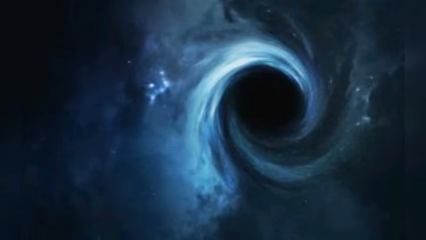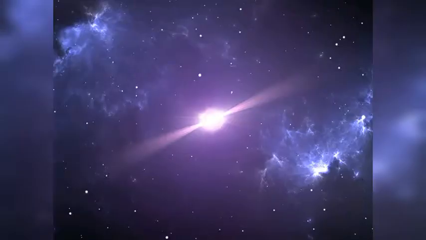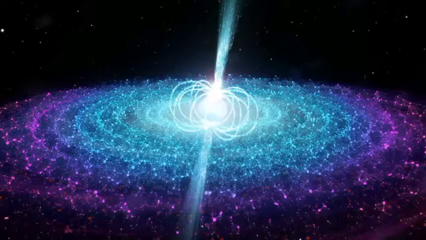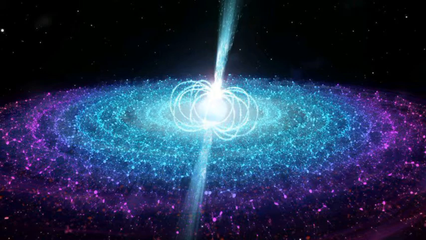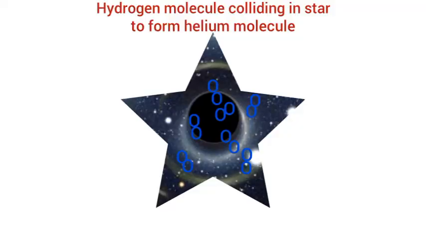To understand how a black hole might be formed, we first need an understanding of the life cycle of a star. A star is formed when a large amount of gas, mostly hydrogen, starts to collapse in on itself due to its gravitational attraction. As it contracts, the atoms of the gas collide with each other more and more frequently and at greater and greater speeds.